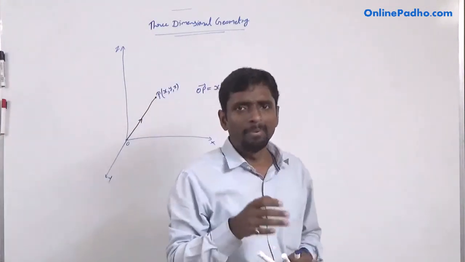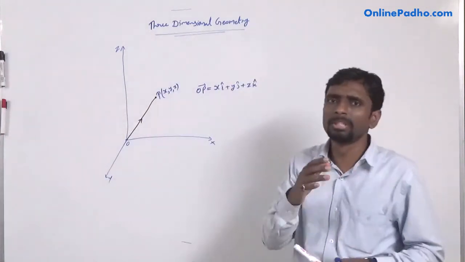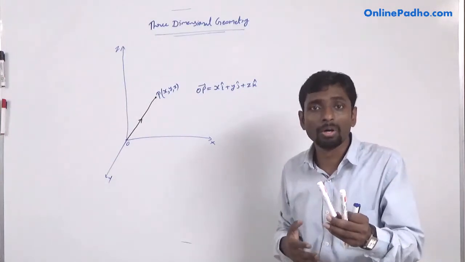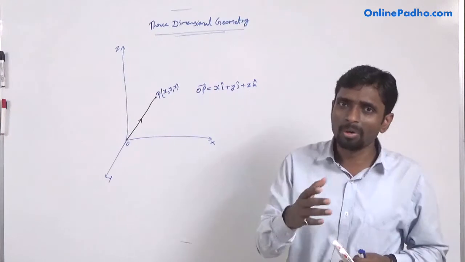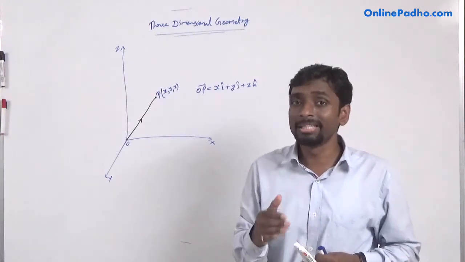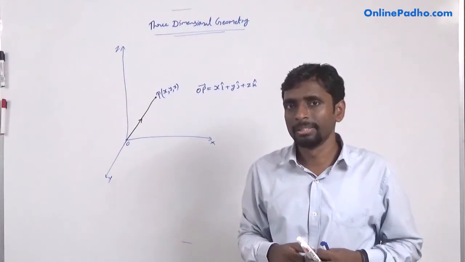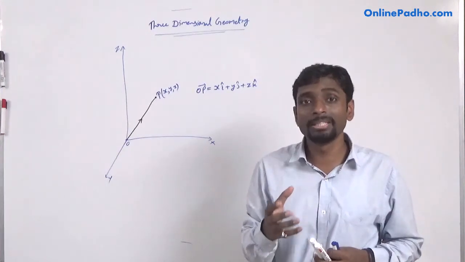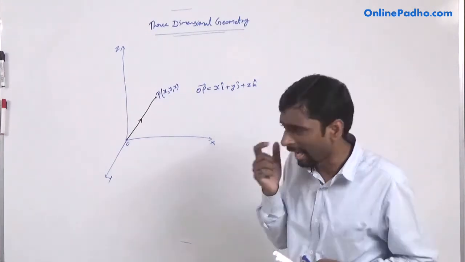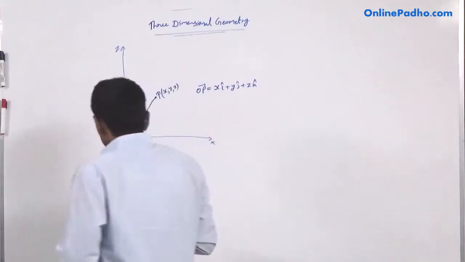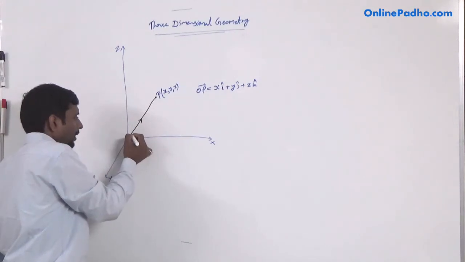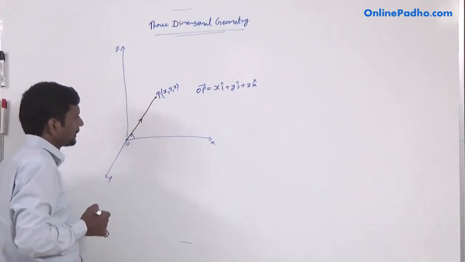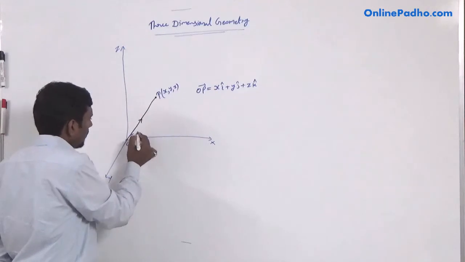Now we have to find the direction cosine of this point. Cosine is what? You know the ratio of cos theta is base divided by hypotenuse. If we have to find the angle, direction cosine is called this angle. The angle of the OP vector with the positive x-axis, let's consider alpha.